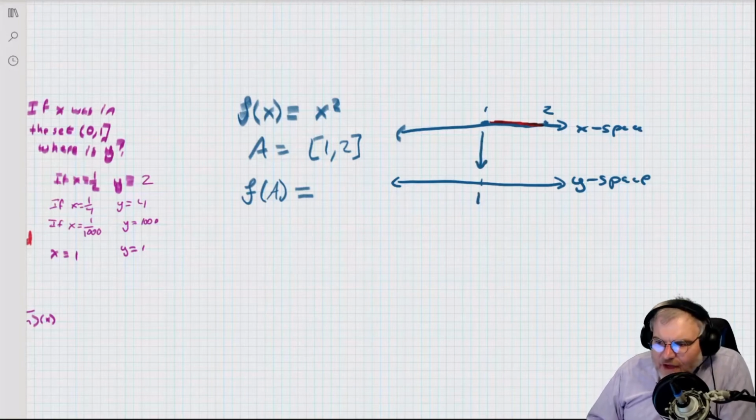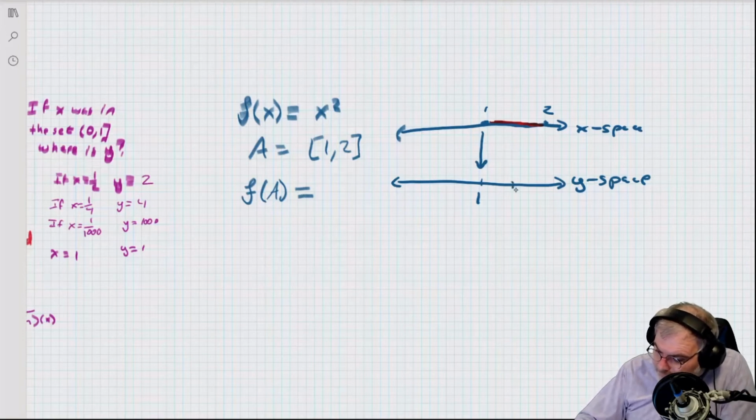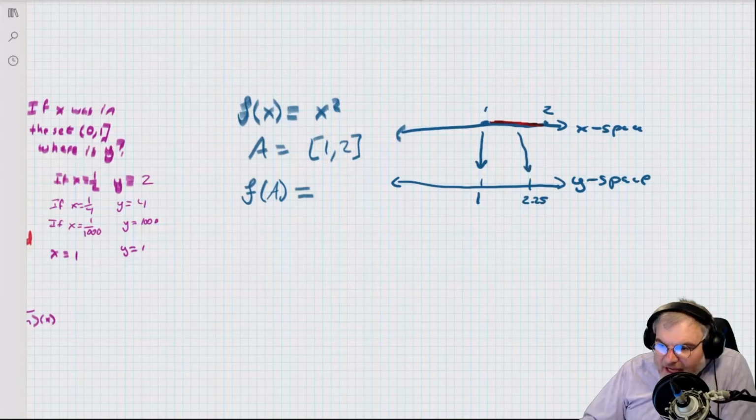All right, what is f of 1.5? What is f of 2? Yeah, it's 4.